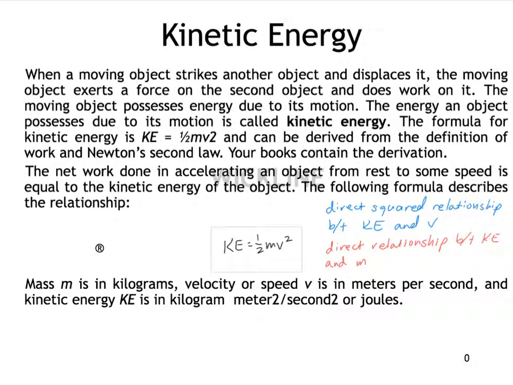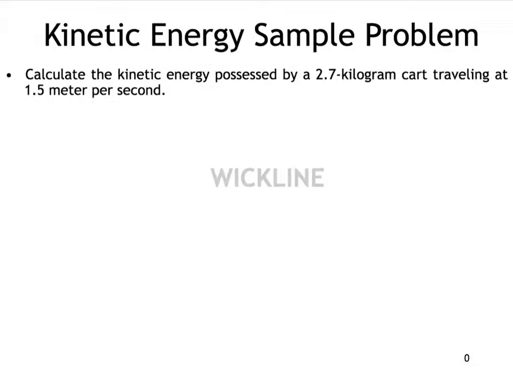Let's do some practice on the next slide. Let's calculate the kinetic energy possessed by a 2.7 kilogram cart traveling at 1.5 meters per second. So kinetic energy is 1/2 mv squared, and we're looking for kinetic energy, so there's no rearrangement necessary.